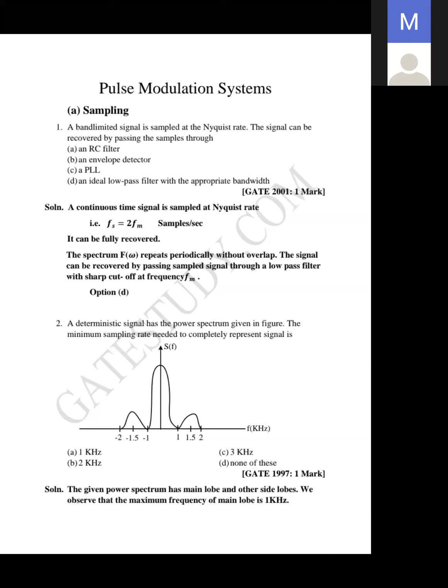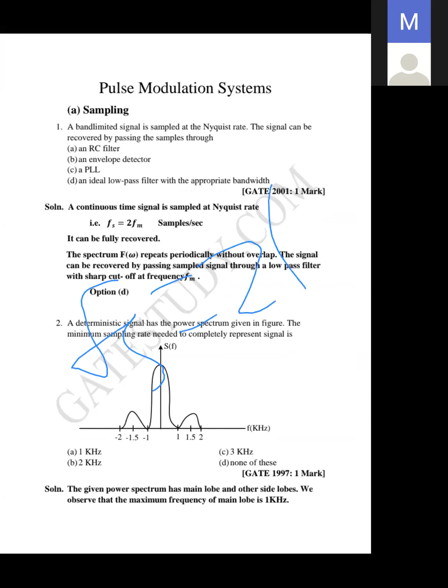If it's less than that, what happens? There is overlapping of signals, so we can't recover the information which we have sent. That's the main problem when we don't follow the Nyquist rate. The formula for the Nyquist rate is Fs equal to 2Fm.